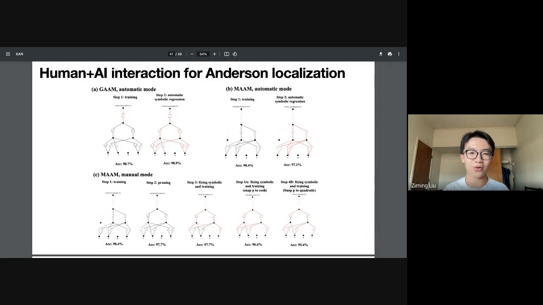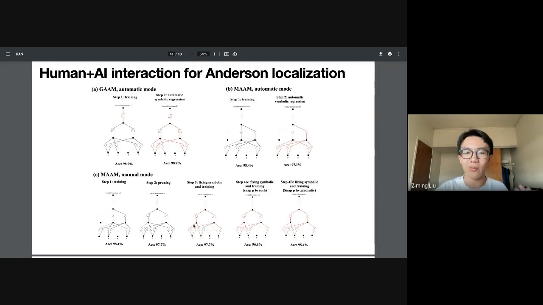So sometimes you may want to go to the manual mode, when you want to treat the KANs not as an AI god, not as an oracle, but more like a collaborator, where you can communicate and interact with each other.